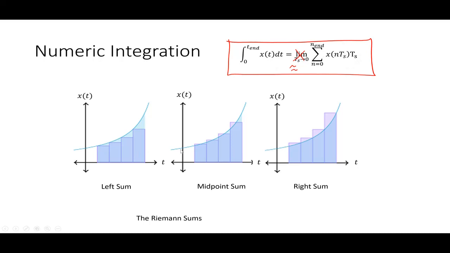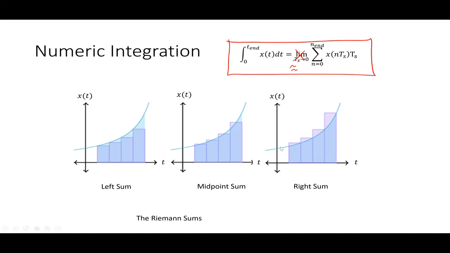There's effectively 3 ways of calculating these areas. I use either the left sum, the midpoint sum, or the right sum. All right, so essentially when I say the left sum, what that means is the left side of the rectangle touches the curve, and then I draw the rectangle with t sub s from there.